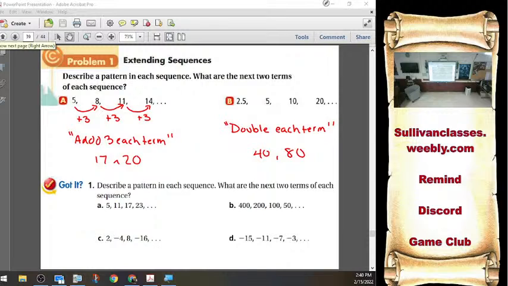Don't overthink it. A negative, right? You multiplied by a negative 2. Oh, that's it. Okay, don't overthink it.